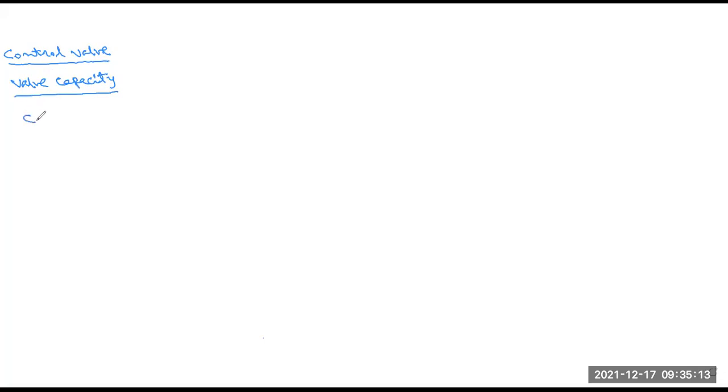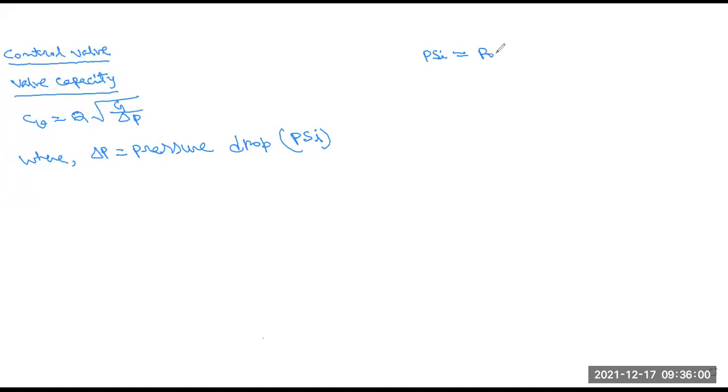We have to calculate the valve capacity: CV equals Q into root over G by delta P. Here, delta P is the change in pressure, that is, the pressure drop, measured in PSI, which means pound per square inch.